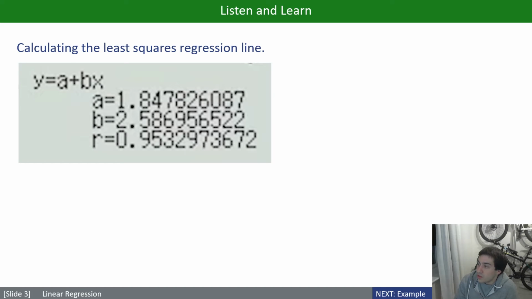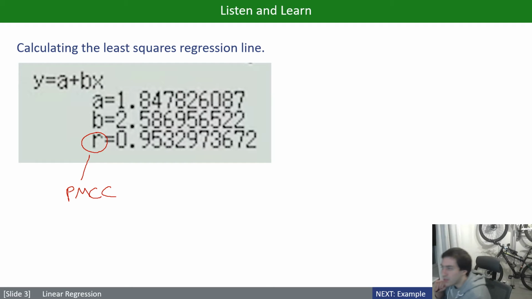You should have actually done this already when you were calculating PMCC. So when you calculated PMCC of a set of data points on your calculator, you would have seen a screen a bit like this, and this r was the PMCC, and then the A and B values, we ignored them. But now we're going to see that they do actually have a meaning, and they just refer to the parameters of the regression line, which is in the form a plus bx.